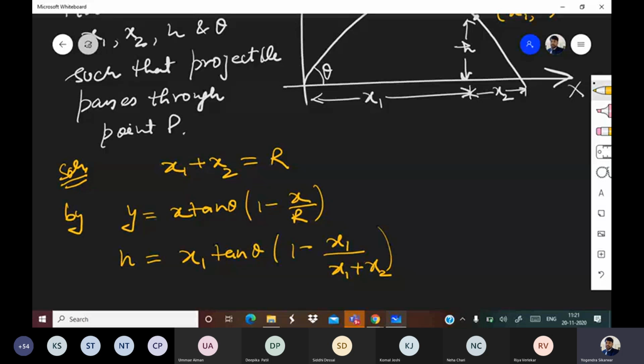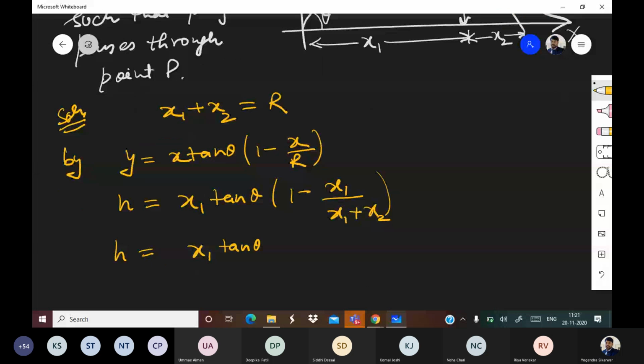So h comes out to be x1 into tan theta. Now this will be x1 plus x2 minus x1 upon x1 plus x2. So basically x1 got cancelled.